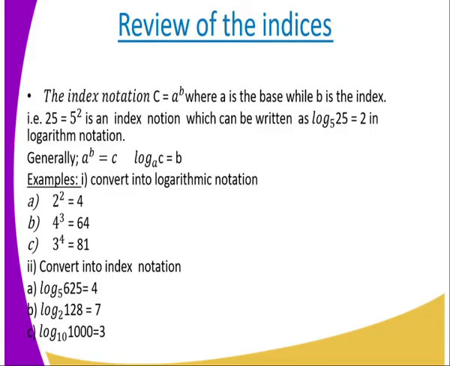The second one can be written as 2 raised to power 7 is equals to 128. The third one can be written as 10 cubed is equals to 1000. So that is how we convert into logarithmic notation and index notation.